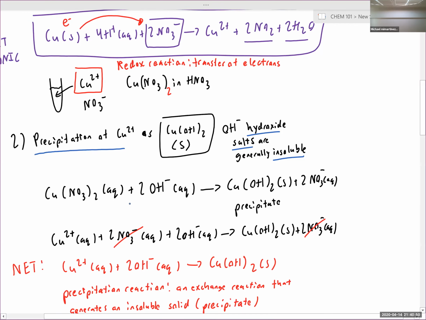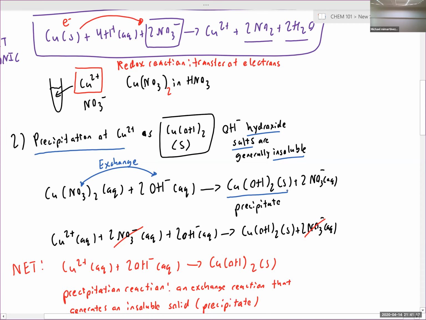So copper nitrate reacts with hydroxide in solution. There is an exchange of ions. We're exchanging our nitrate in copper nitrate for the hydroxide in solution, and we make copper hydroxide solid.